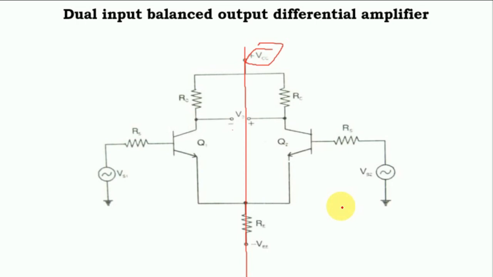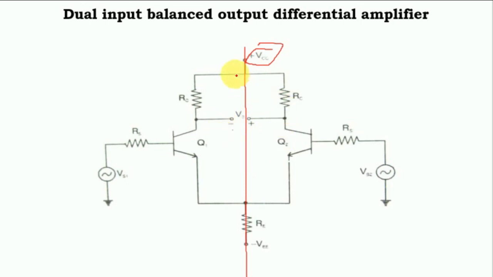So this is the dual input balanced output differential amplifier. There are two inputs, that's why it is dual input, and balanced output because we are using the VCC voltage for both, and here we are taking the difference between them.